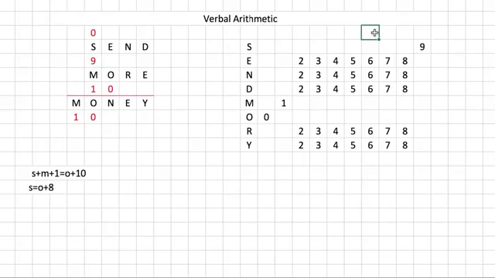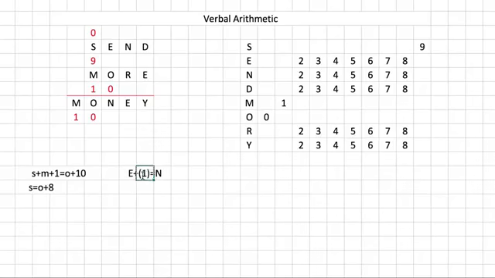Now, what we are getting here is, we found this new value of O and this new value of S. So this S doesn't help us much, but this new value of O will help us to get something more. So here we have an equation something like E plus O plus, if there is a carry, equal to N, and O here is 0, so I'll just remove it.